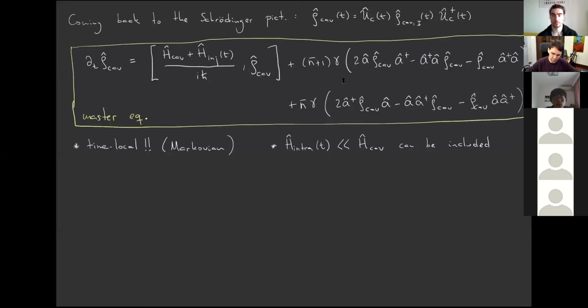Okay, so let's continue with the final part of the class. So the idea now is that we have found this master equation for an open optical cavity. Okay, it's very nice, but we have found some terms in here that actually both look very similar, just replacing a by a dagger.